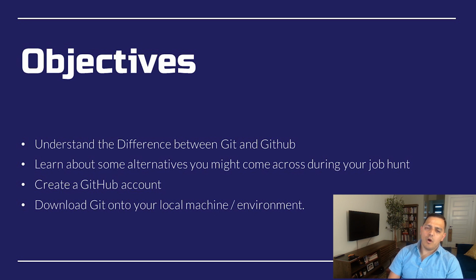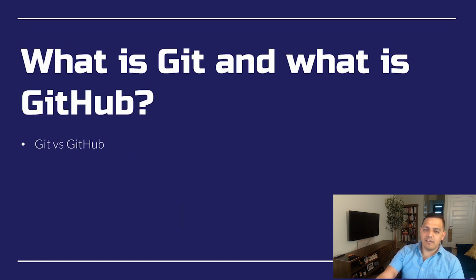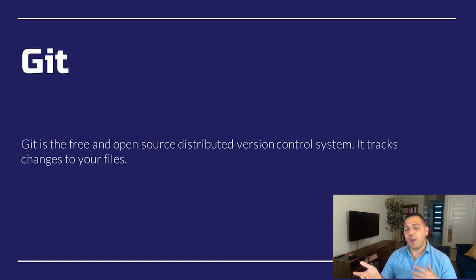So what is Git and what is GitHub? If you go onto their website, you'll see that they define it as a free and open source distributed version control system. So what is all that? If we break it down, usually whenever you hear the word open source, you can expect this software, this code, this project, to be free.